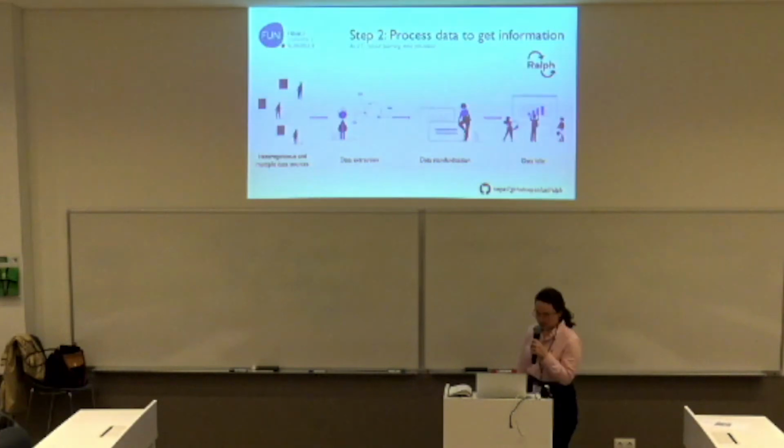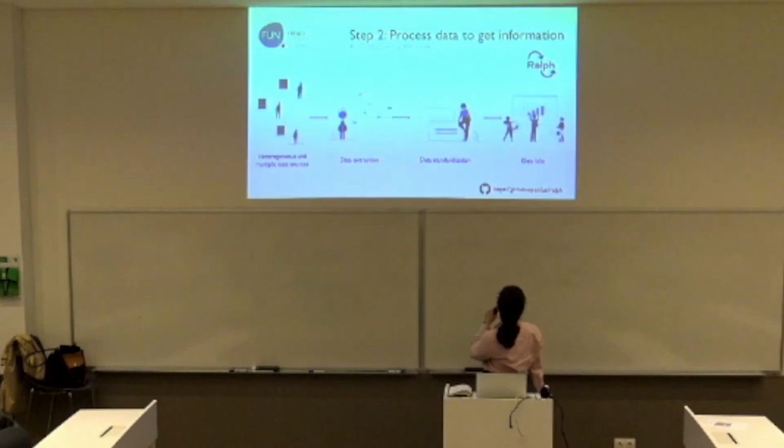It's RALPH. RALPH is Fun's homemade tool, and if you're interested in RALPH, I invite you to consult the repository associated with the project on our GitHub. This tool has two main assets.